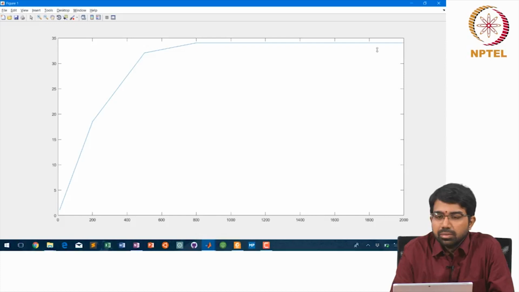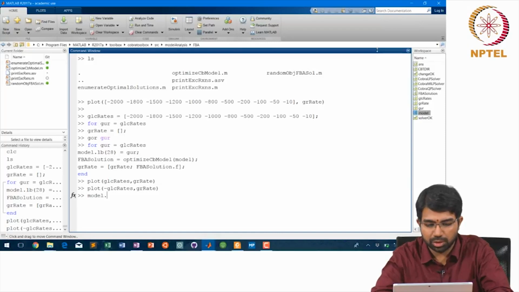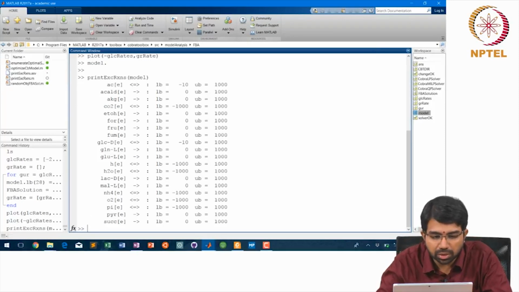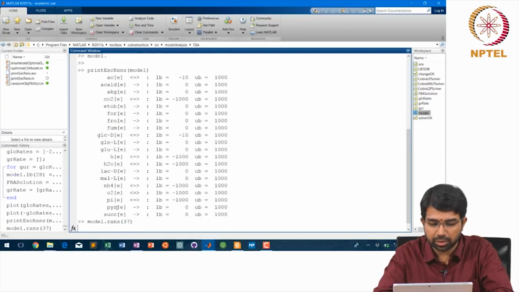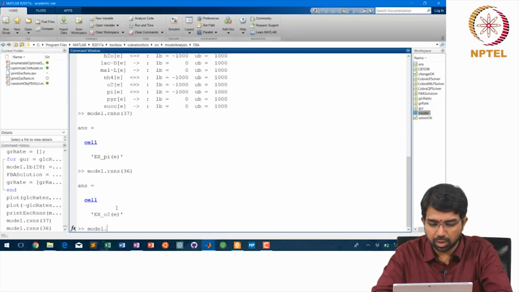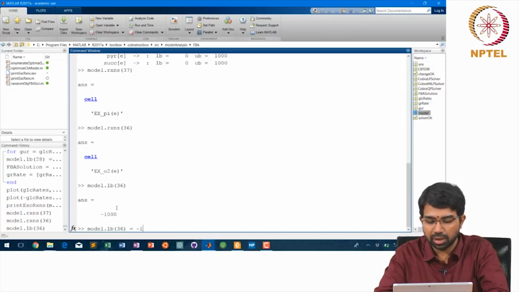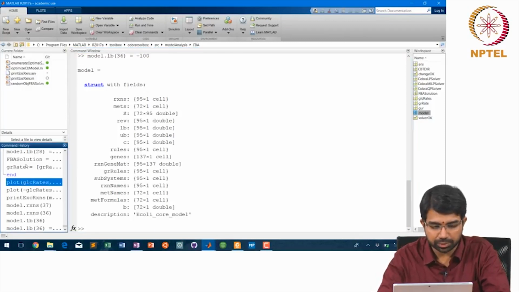Yes. So now if I did this for a different oxygen rate, let's just do this. Model dot, let's print, where is oxygen? This must be 40, 39, 38, 37, model dot RXNs 37, 36. So model dot LB 36 is equal to minus 1000, let us make it minus 100, right. And now let us just repeat this.